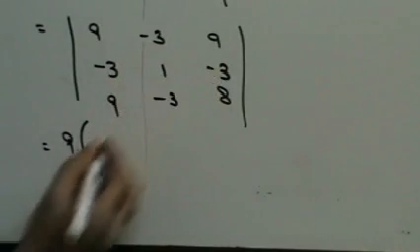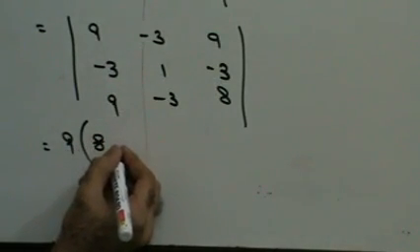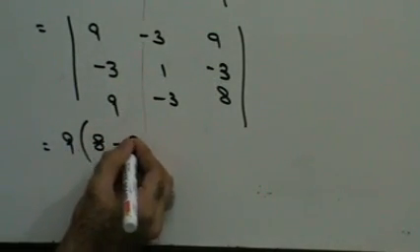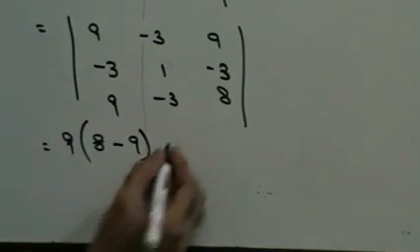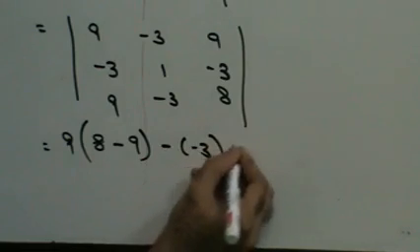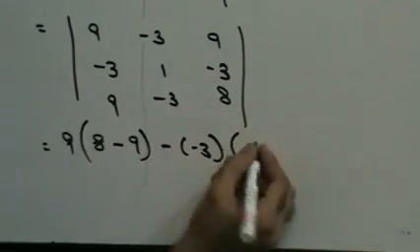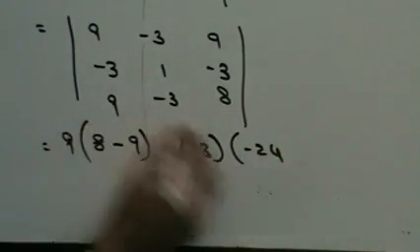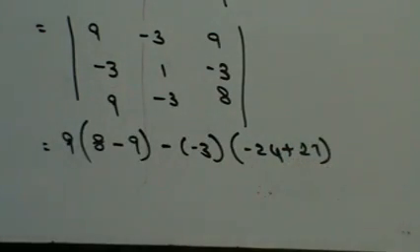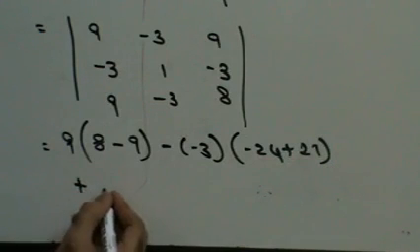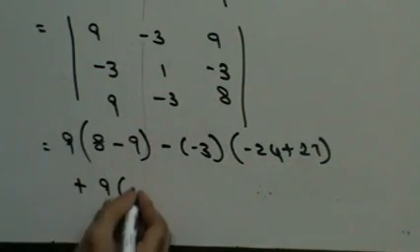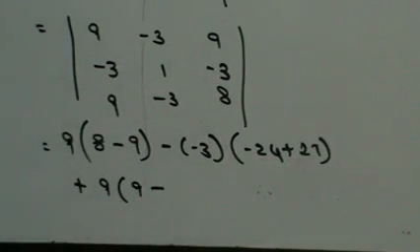9, principal diagonal minus other diagonal, 8 minus of minus 9, minus into minus is plus, so minus 9 minus minus 3, minus 24, minus into minus, 9 3s are 27, plus 9, 9 minus 9, right?